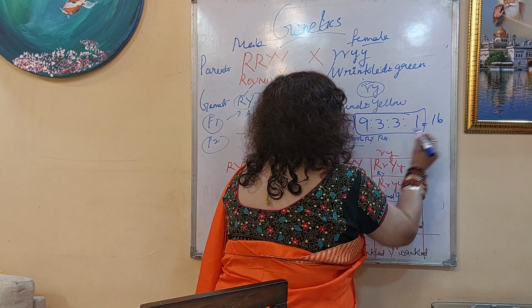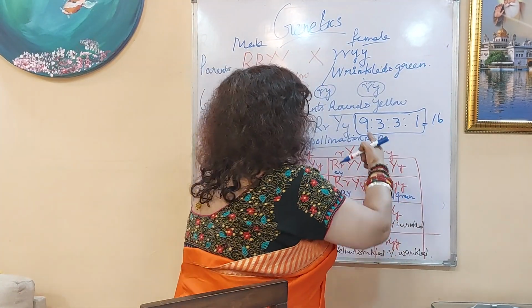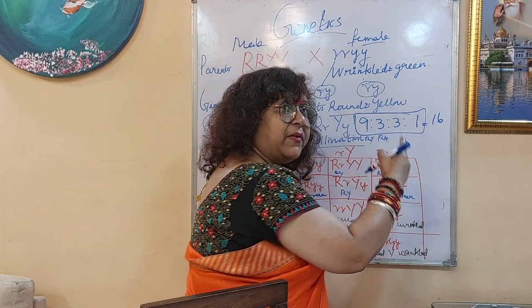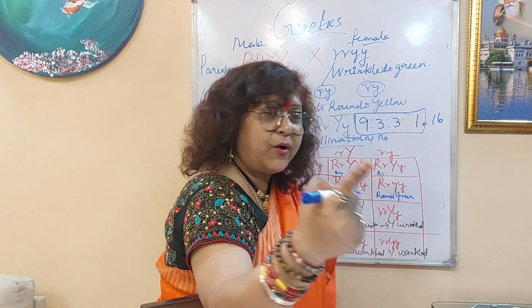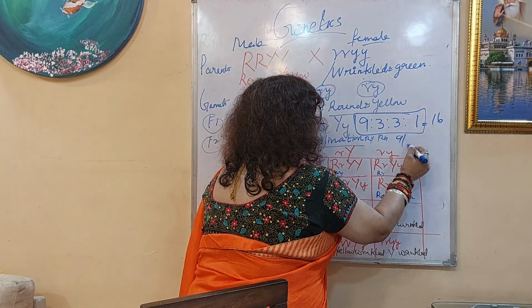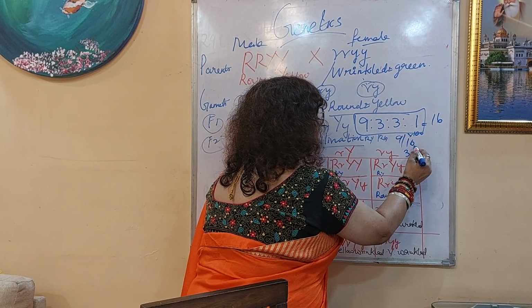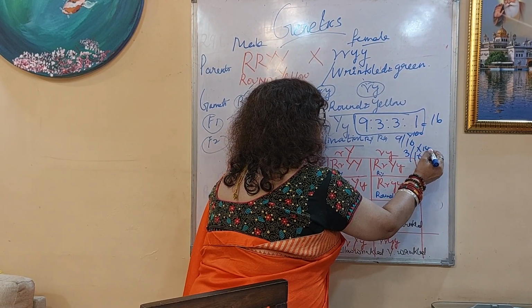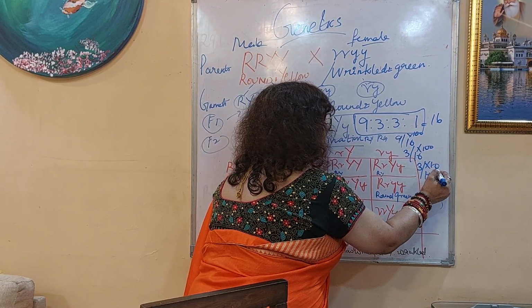and the total is 16. If you add this, and if they ask you to find out the percentage of each individual one, how much is round and yellow, how much is round and green, how much is wrinkled and yellow, and how much is wrinkled and green, what will you do? Very easy. 9 upon 16 into 100. For another one, you will do 3 upon 16 into 100. For another one, again 3 upon 16 into 100.